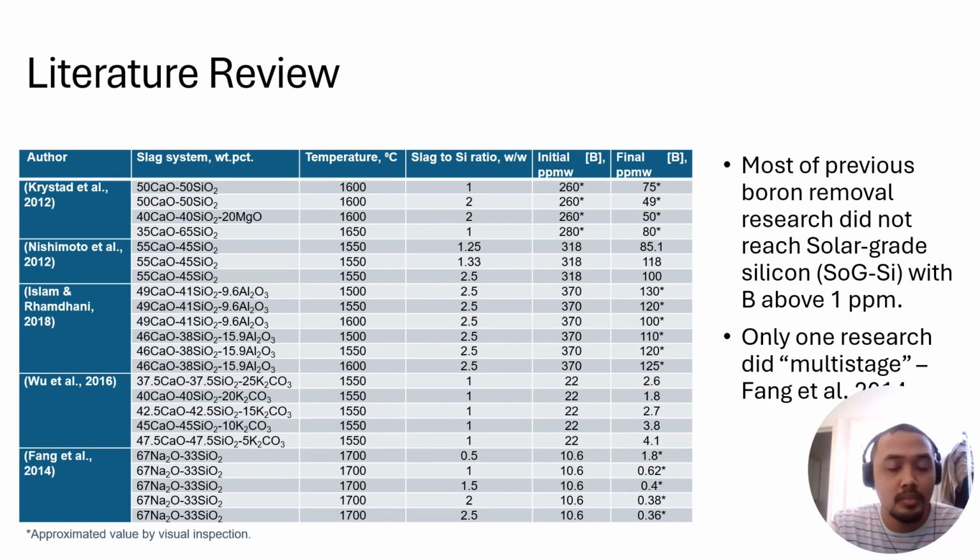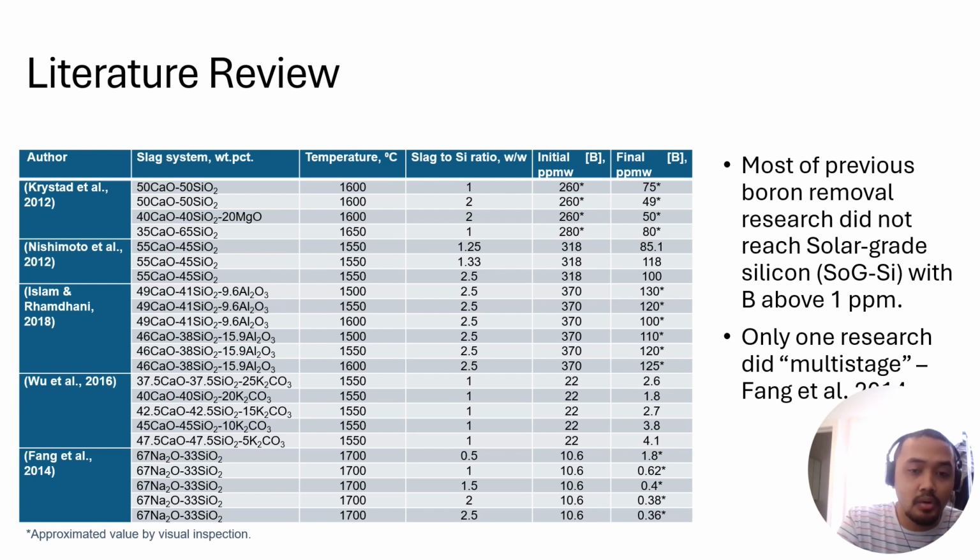From previous research, it is quite funny that I found that most of the previous research did not go multi-stage. Actually, only one research did multi-stage slag treatment. It's by Fang et al. in 2014.